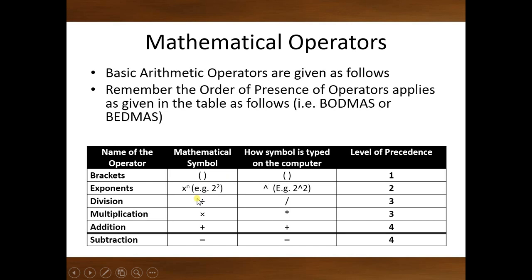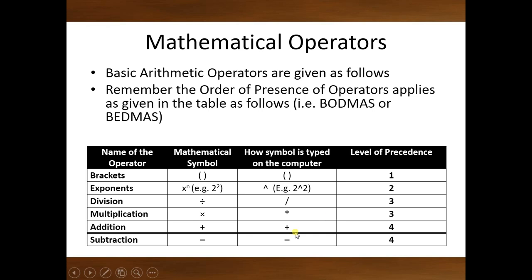If division comes before multiplication, whatever operands appear around division will be calculated first. However, if multiplication appears in the formula before division, then multiplication will be computed first. So first come, first served applies here.